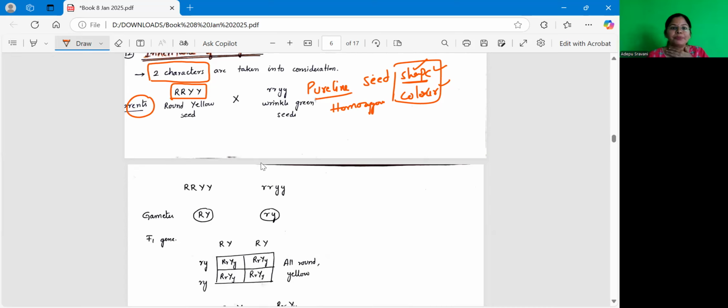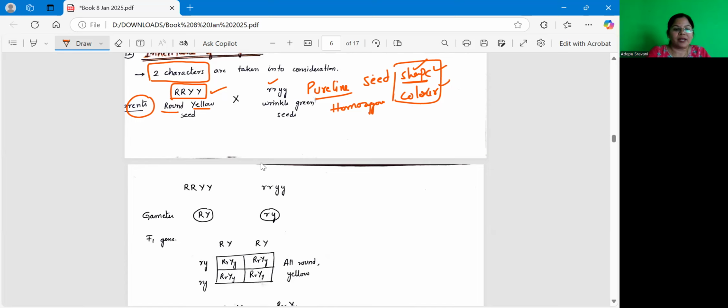So pure lines we have to take. One will be dominant, the other will be recessive. Now here I have taken the shape and color. What is the dominant shape of the seed? Round. And what will be the dominant color? It is yellow. It is not green. Please remember, round and yellow seeds will be dominant and wrinkled green seeds will be recessive.